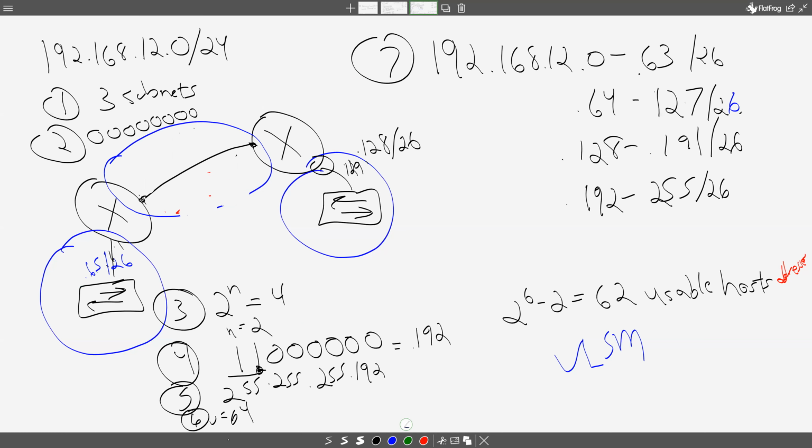What if we could go ahead and say, all right, we're going to pull this network out and use it, which we did right here. We're going to pull this network out and use it, which we did right here. But right here, instead of using this big network of 62 hosts, the .0/26, we're going to take the network 192.168.12.0/26, and we're going to subnet a subnet, which is really what VLSM is.